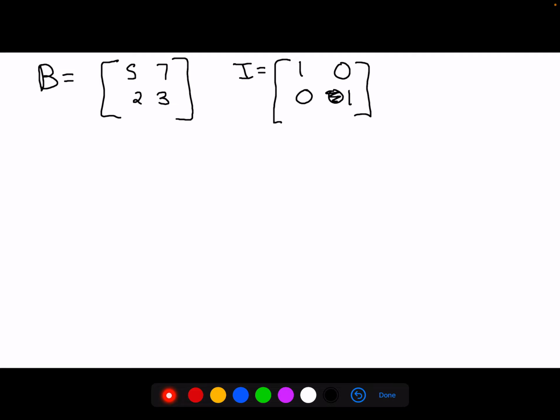So if you go ahead and multiply B and I together, you'll have 5 plus 0 is 5, 0 plus 7 is 7, 2 plus 0 is 2, and 0 plus 3 is 3. So when you multiply B and I together, you get back the same matrix as you had with B. That's what happens when you multiply by that identity matrix.